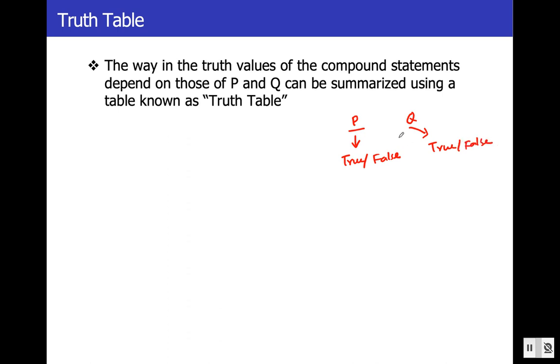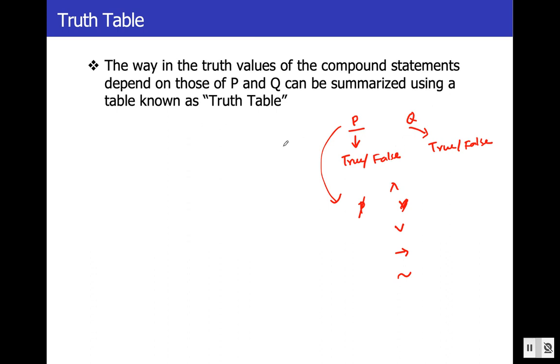Now, when we create a compound statement using P and Q, we can use and, we can use or, we can use the implication, or we can use the negation. Using these symbols, we can build a compound statement from elementary statements.